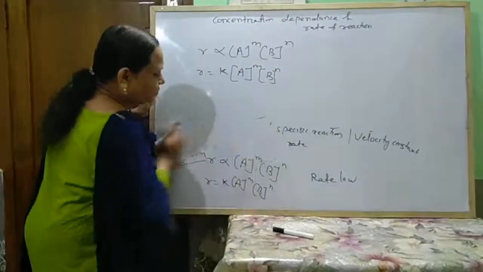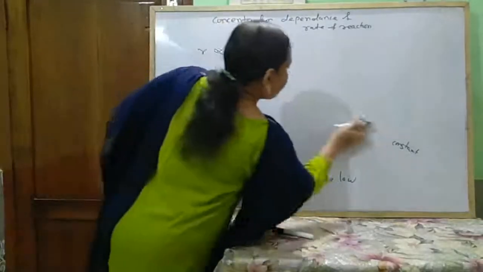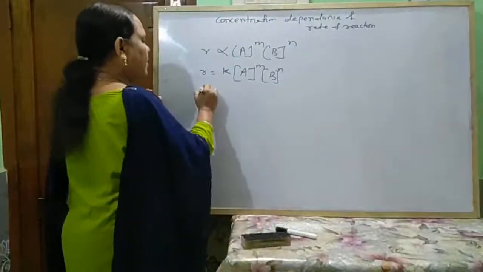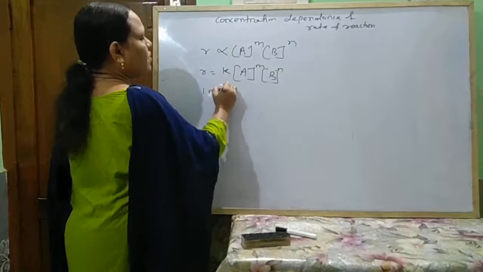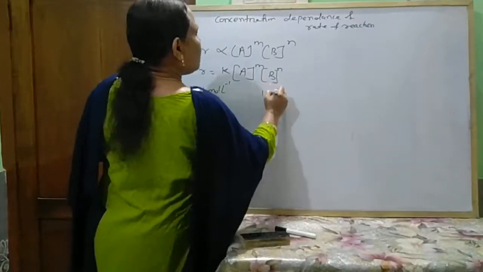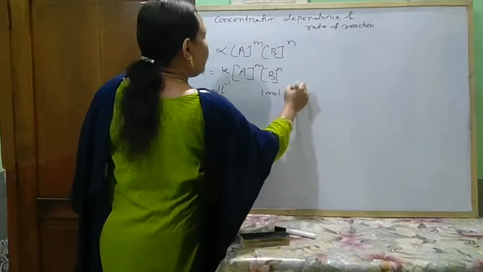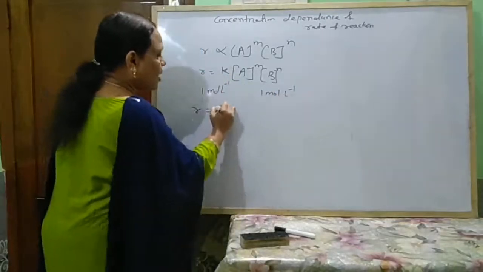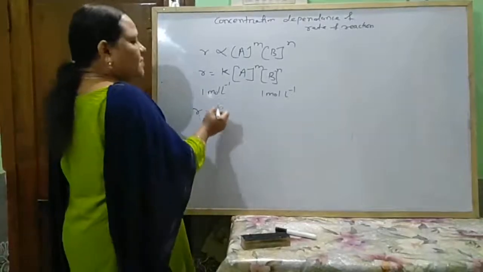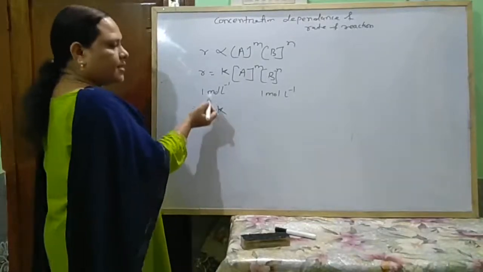Look here, if the concentration of A is 1 mole per liter, that is 1 mole liter inverse, and the concentration of B is also 1 mole liter inverse, at that time R equals k.